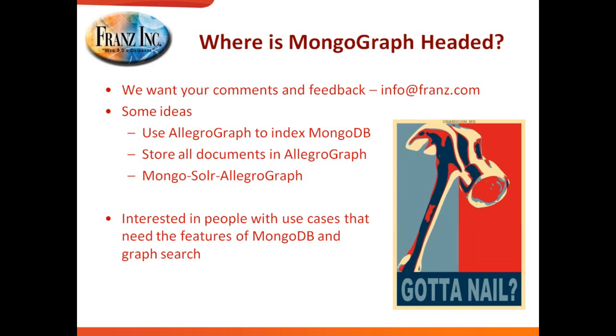Someone asks, how does using AllegroGraph only compare to using the combination of MongoDB, Solr, and AllegroGraph? How much extra value do you get with the combination? What I tried to show you in this other slide is that you get a lot of extra value if you use a triple store.